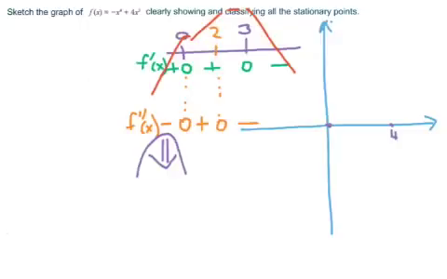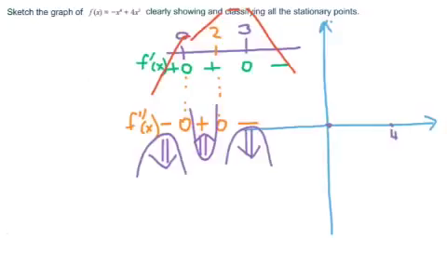Then I have a 0, and then my concavity is positive, and the shape of my graph is up like that. And then over here, my concavity is down again, it's concave down, and it looks like that.